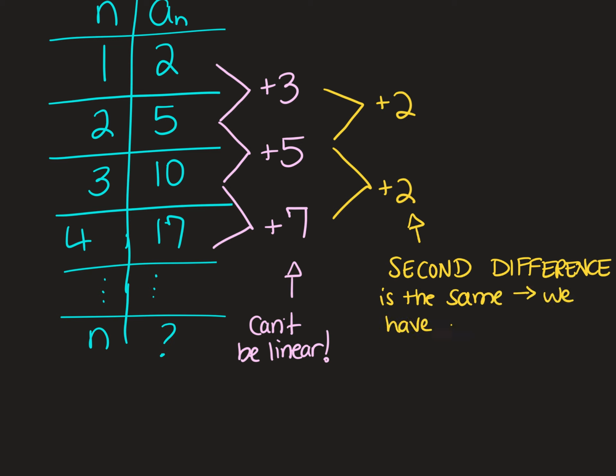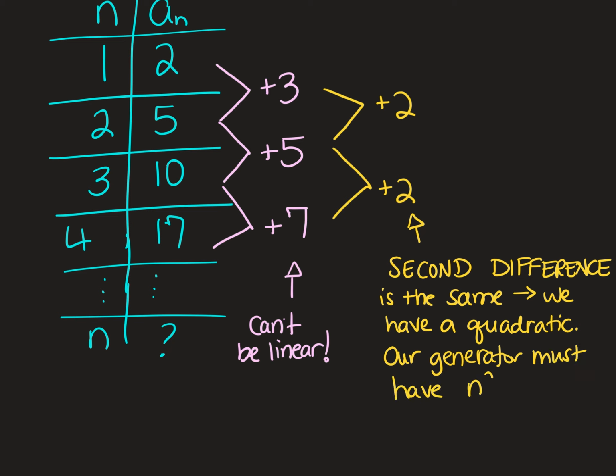In other words, somewhere in our sequence, our generator must have n squared in it. Okay, so that's what that means. When that second difference is the same, we have a quadratic. Our generator has to have n squared in it.